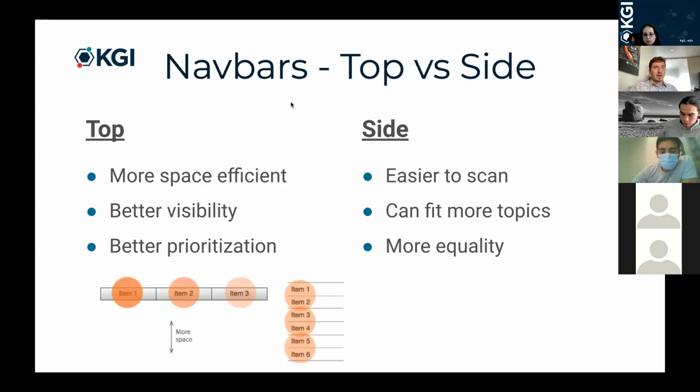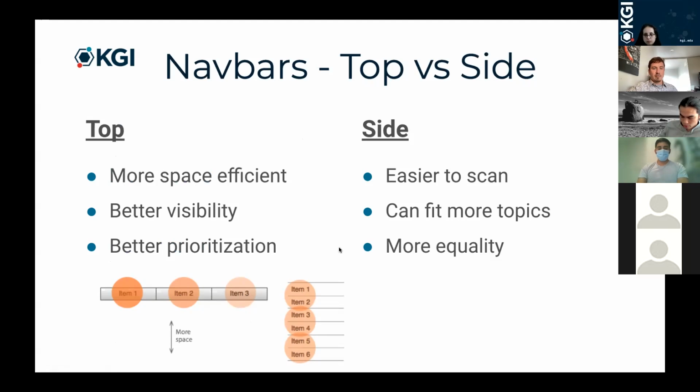Okay, navbar is very important for a site, and this is something that we will go through in the second half of the lecture. But you can choose between a navbar that goes on top. These are more space efficient because they're really only taking up the height of the navbar. That's all they take up on the page.